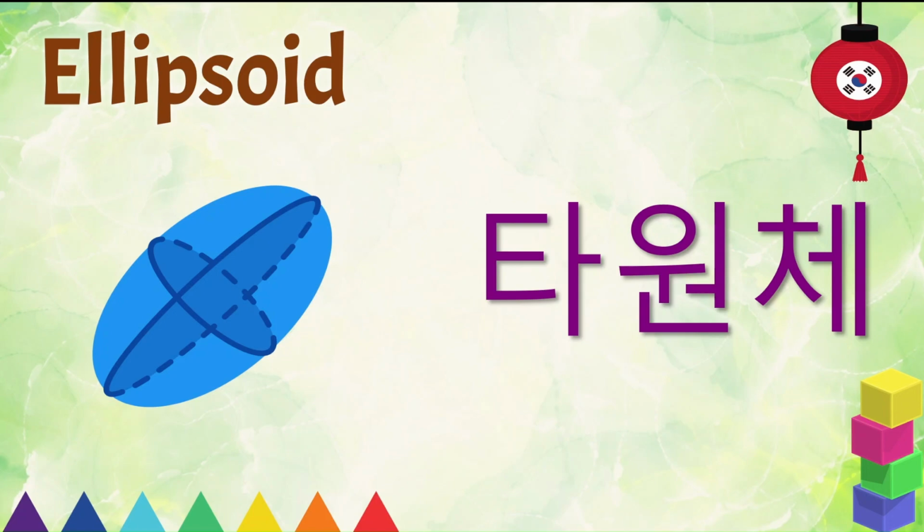Oval is a 2D shape, and if you want a 3D formation of that shape, then it turns into an ellipsoid. So this 타원, it comes from that Korean word for oval, that is 타원형. So oval is 타원형, ellipsoid is 타원체.